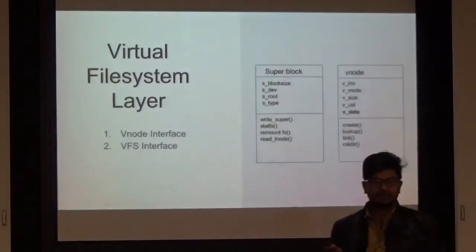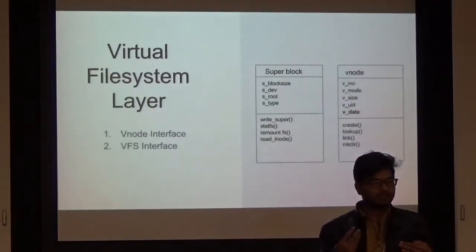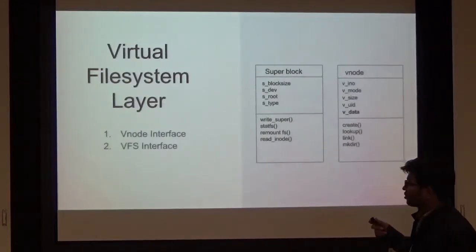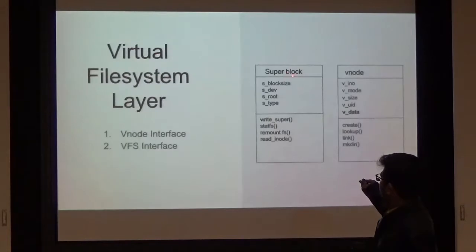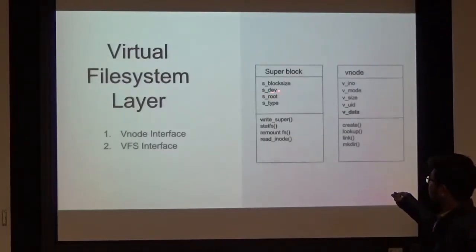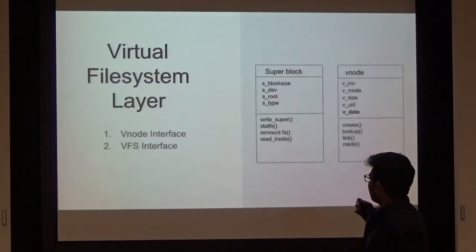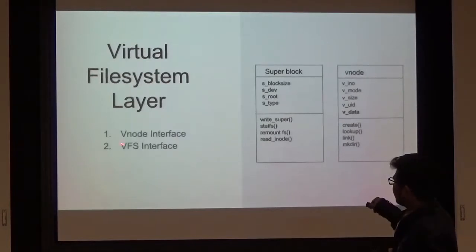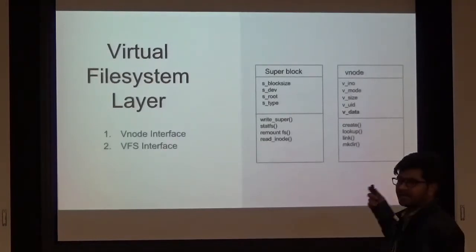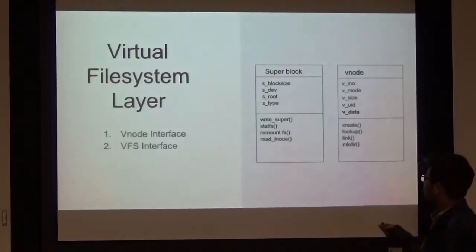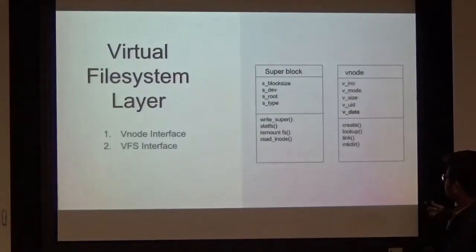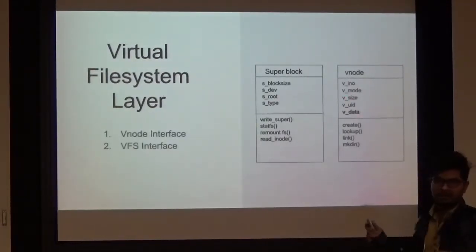The super block is a structure which contains the metadata about the file system itself, like block size or the underlying hardware device ID. So the VFS interface contains all the methods which are performed over the file system, and the vnode interface is for the same kind of things but operated on a file.